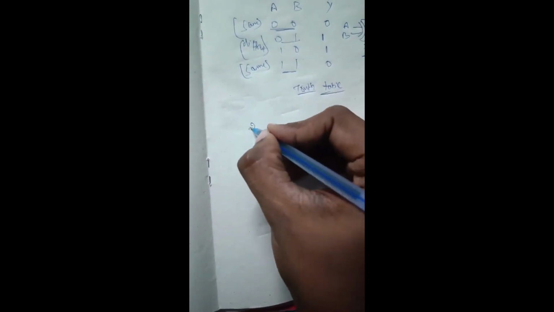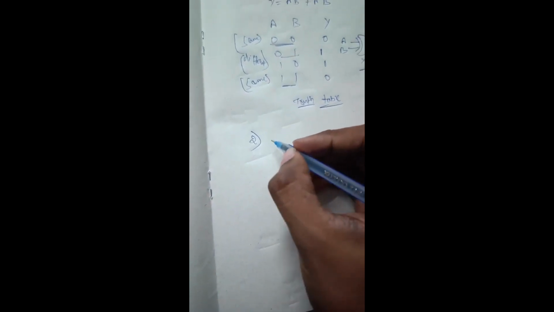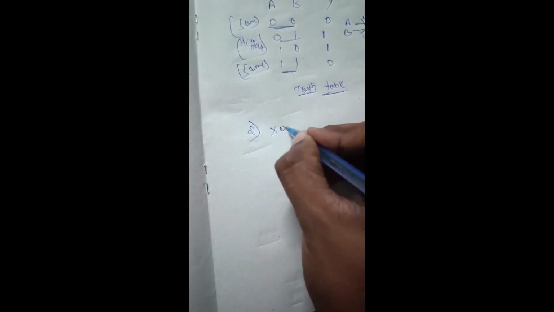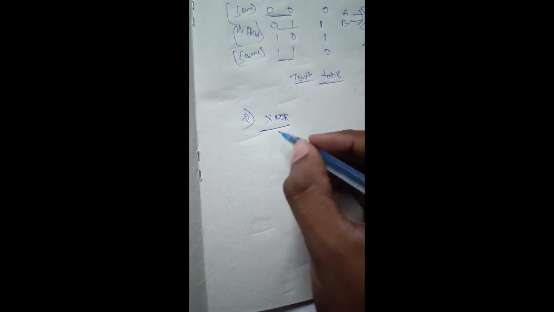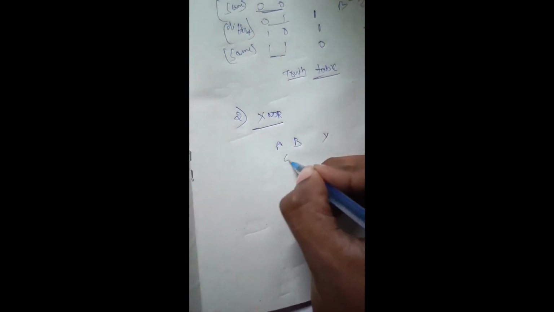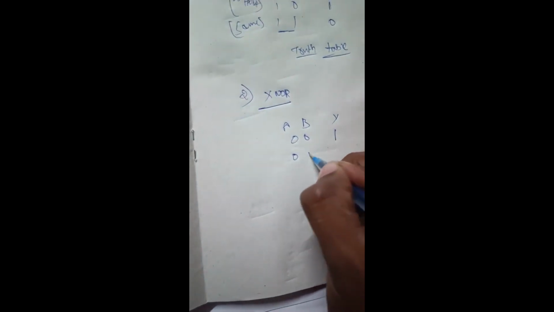And next, finally in the special gates, is the XNOR gate. XNOR is nothing but the complement of the XOR gate. That means if the inputs are the same, the output will be 1, and if the inputs are different, the output will be 0.